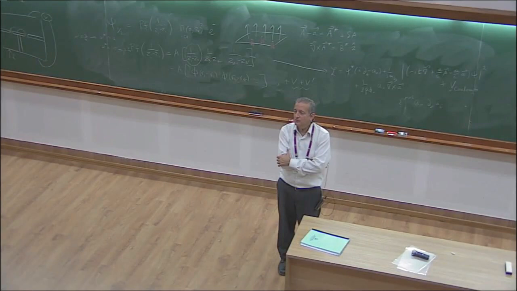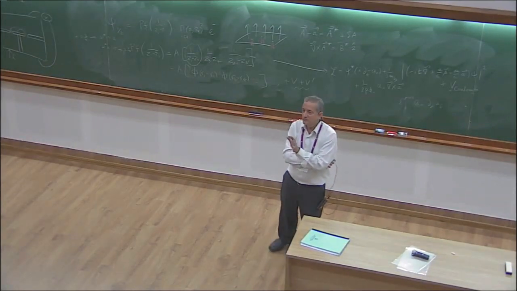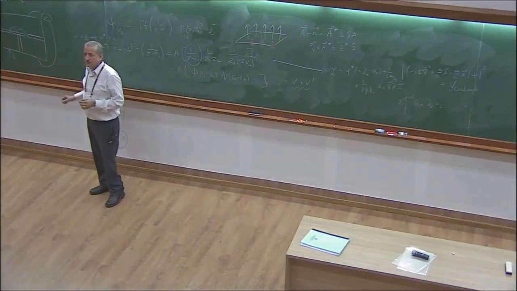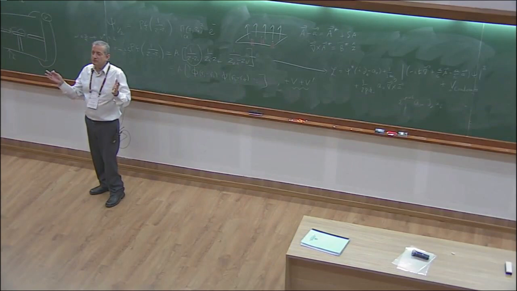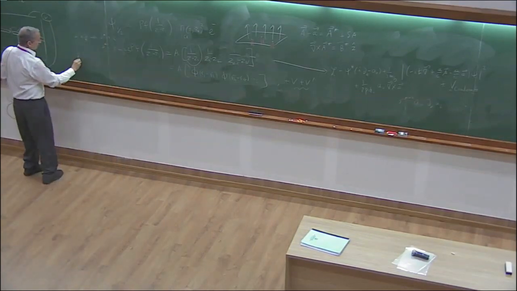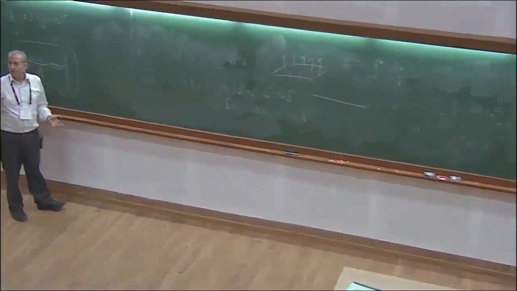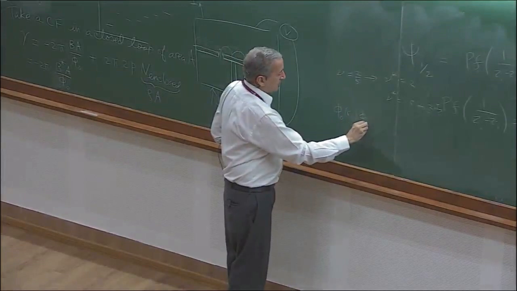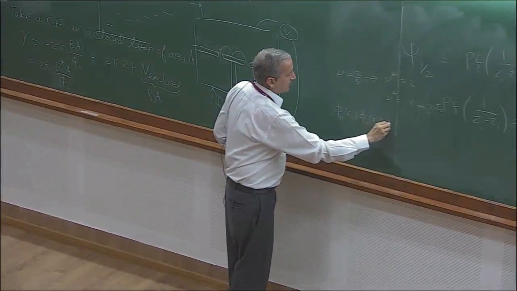Suppose I want to write a wave function for a Bose condensate. Okay, so I will write a wave function. I will put all bosons in the same state. And I know this describes the physics correctly.